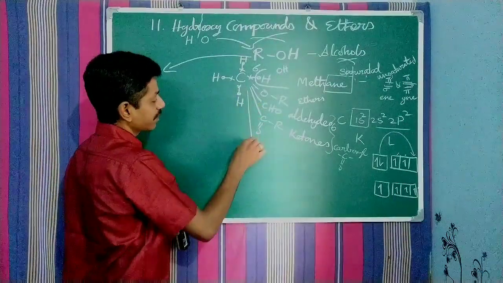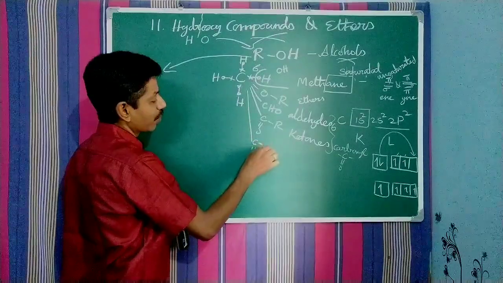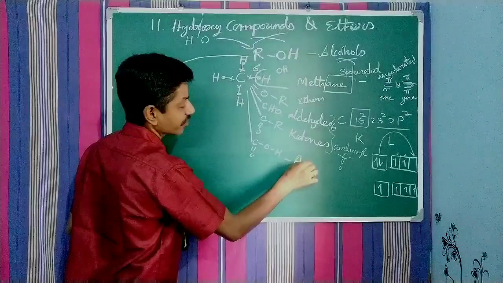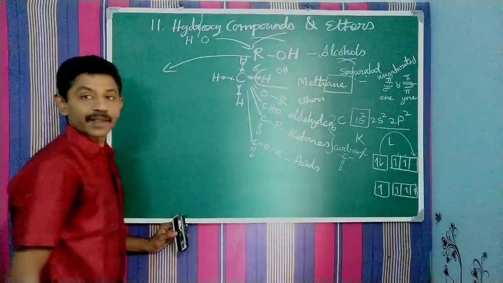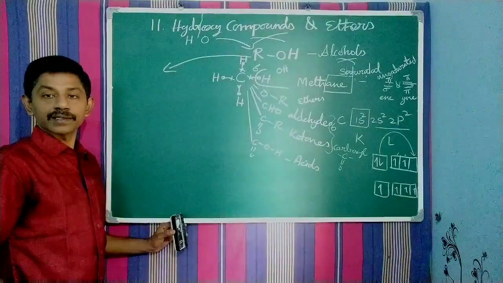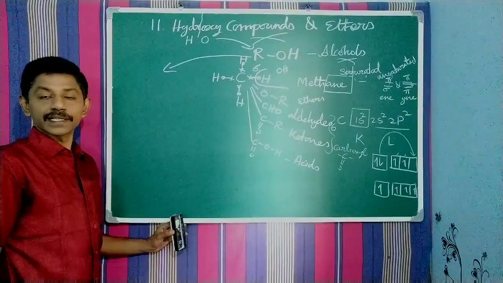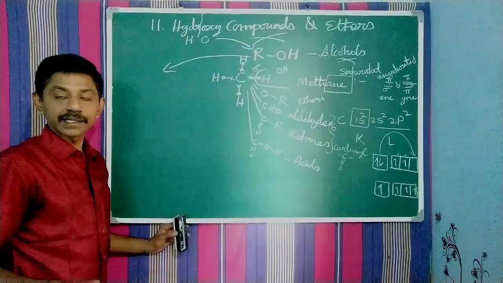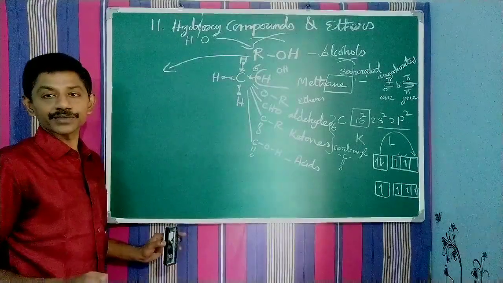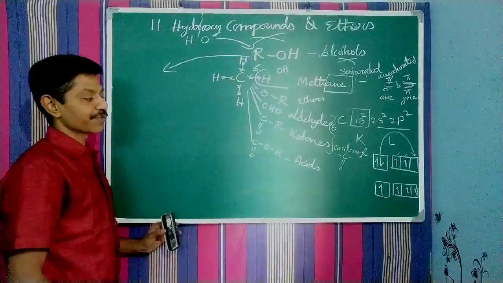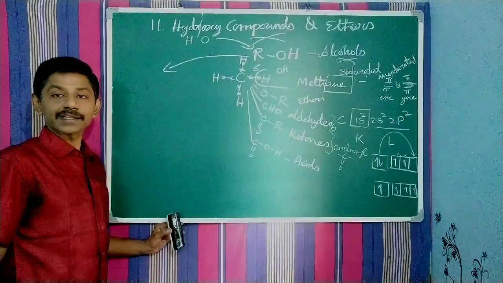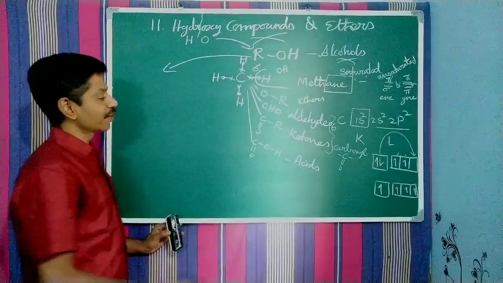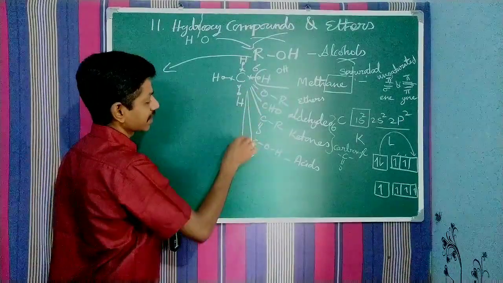And in this place, if you go for C double bond O, H, then we talk about carboxylic acids. In your home you have vinegar, acetic acid, and bites, after which you feel the irritation for some time because of formic acid, benzoic acid, and we talk about a lot of organic acids.